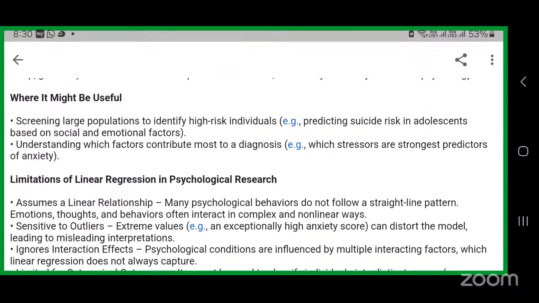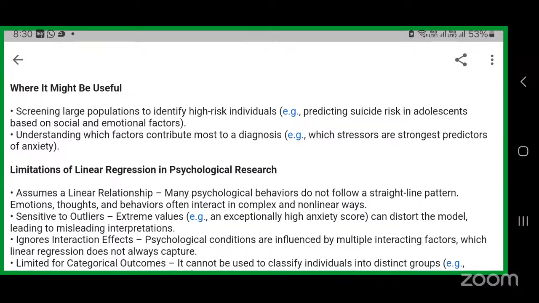Where it might be useful. Screening large population to identify high-risk individuals, predicting suicide risk in adolescence based on social and emotional factors.